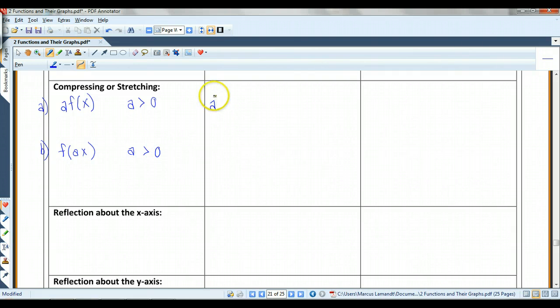In this case, you're going to stretch the y coordinate by a multiple of a.